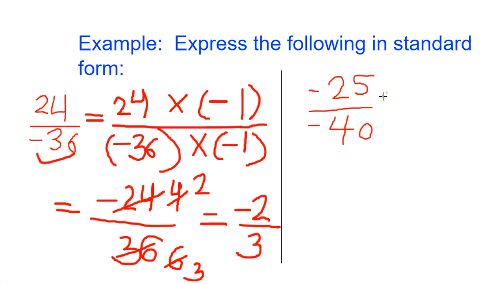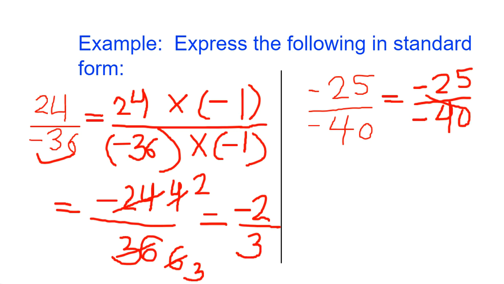Now let us just try out this one. So in this number, if you see, both my numerator and denominator are negative numbers. So what I can do, either I can do the same thing I have done for the previous question. I can multiply both my numerator and denominator by minus 1, so that both of them will become positive numbers.